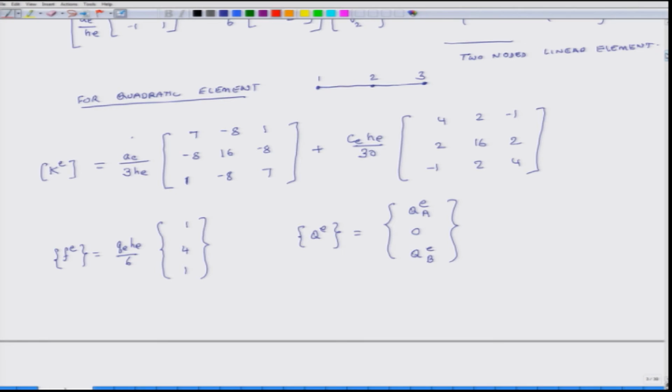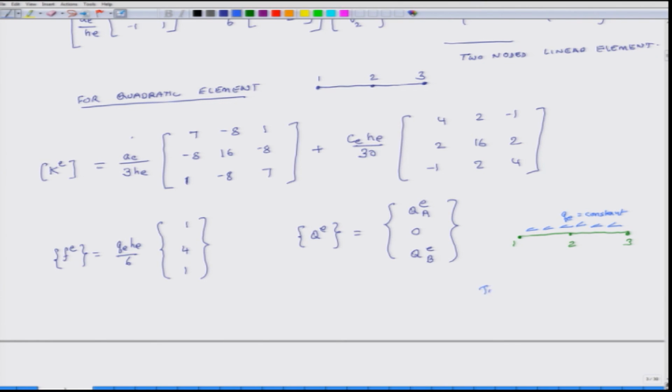Now let us look at the quadratic element. So this is my quadratic element, and it has three nodes, node 1, node 2 and node 3. Suppose the distributed load on this is QE and let us say it is constant. Then what is the total distributed load on the length of the element?